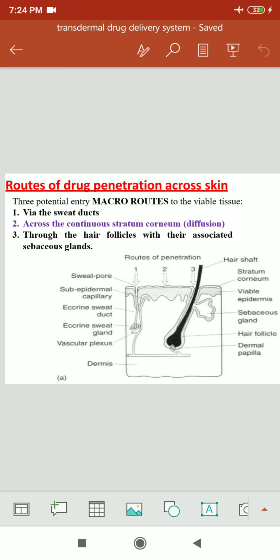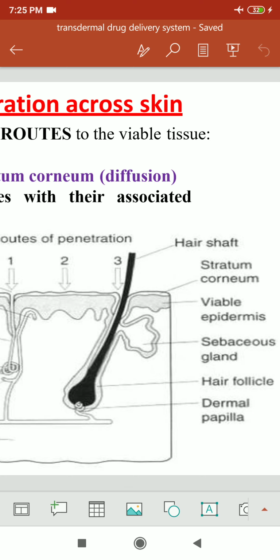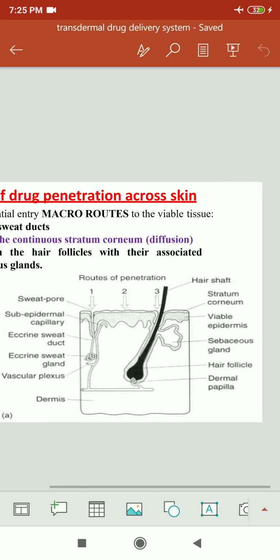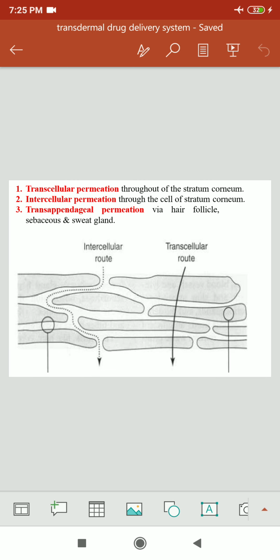Next is across the continuous stratum corneum, where by diffusion the drug molecules pass across the stratum corneum. Third is through the hair follicles with the associated sebaceous gland, through the hair shaft. Via this route also the drug penetrates into the circulation.